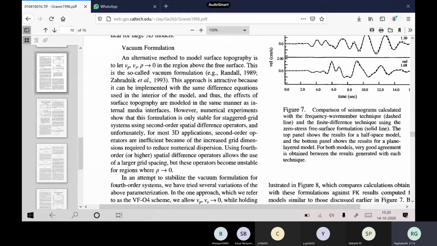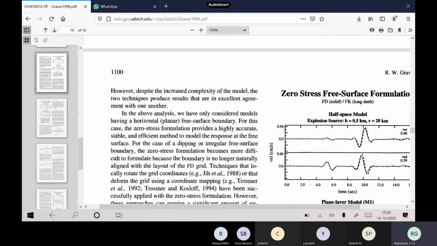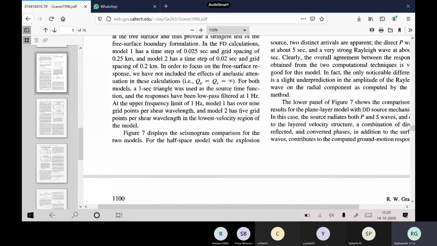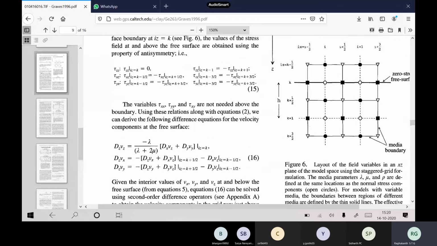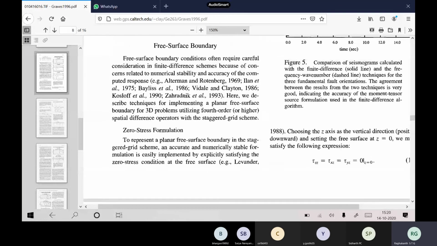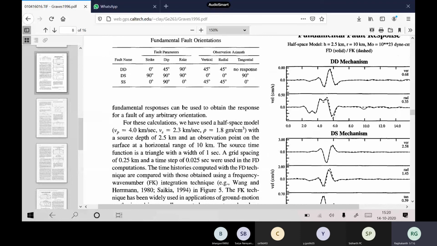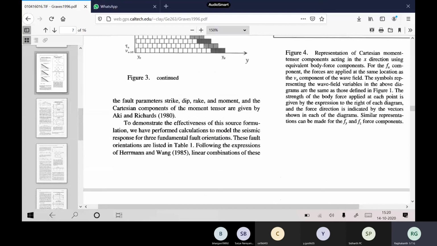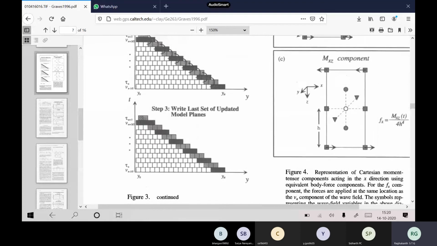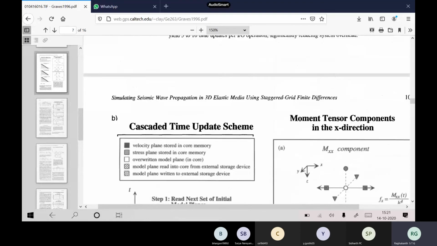Vacuum surface topography is not required. This is the surface topography. Free surface he has used. He has used paraxial boundary conditions.